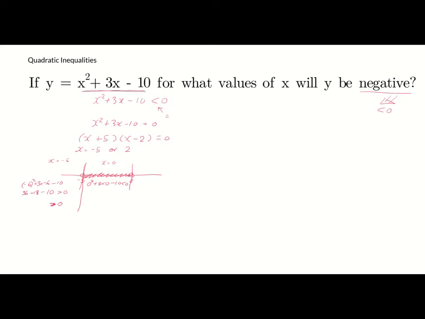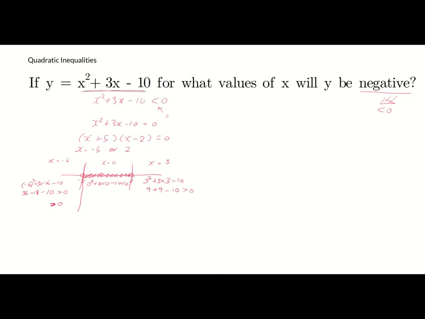So we've just got one more region to check, which is above x equals 2. So I'm going to choose x equals 3. So 3 squared plus 3 times 3 minus 10, so that's 9 plus 9, take away 10, 18 take away 10, we know that's above 0.